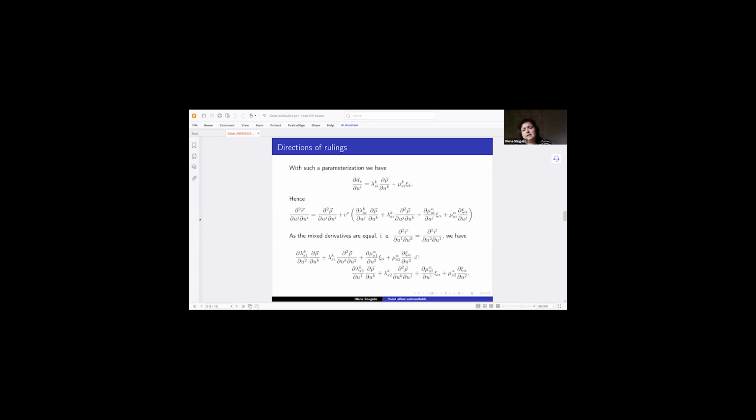Here we can see that if all functions lambda and mu are 0, then we have a cylinder. If functions mu are 0, then we have conditions on functions lambda. These are the regularity conditions and integrability conditions.